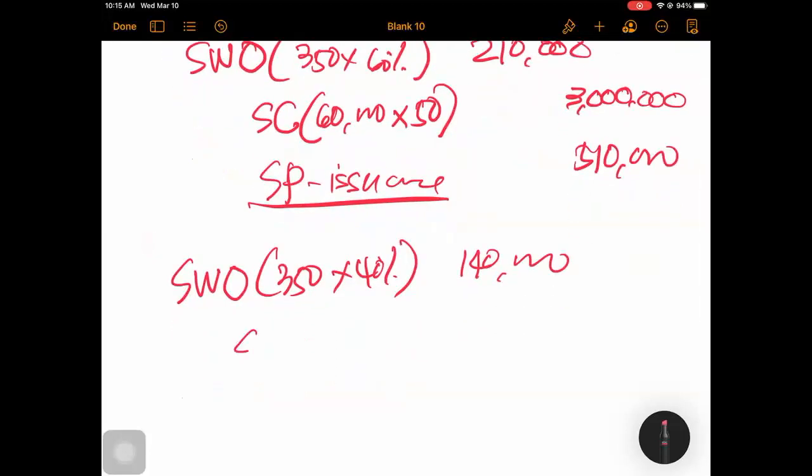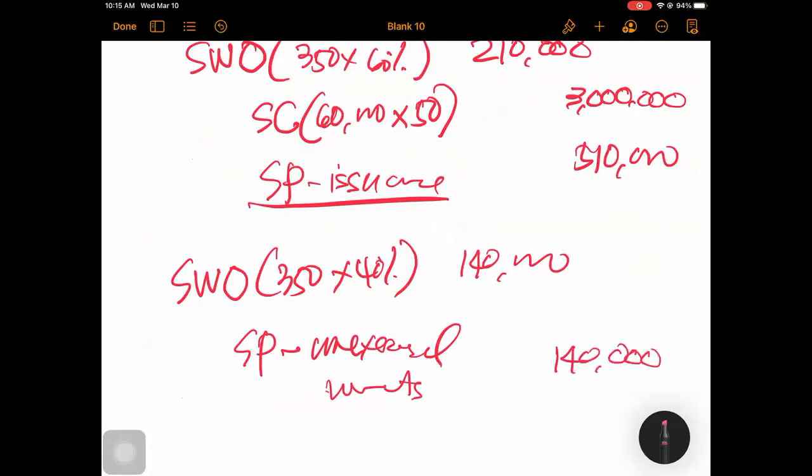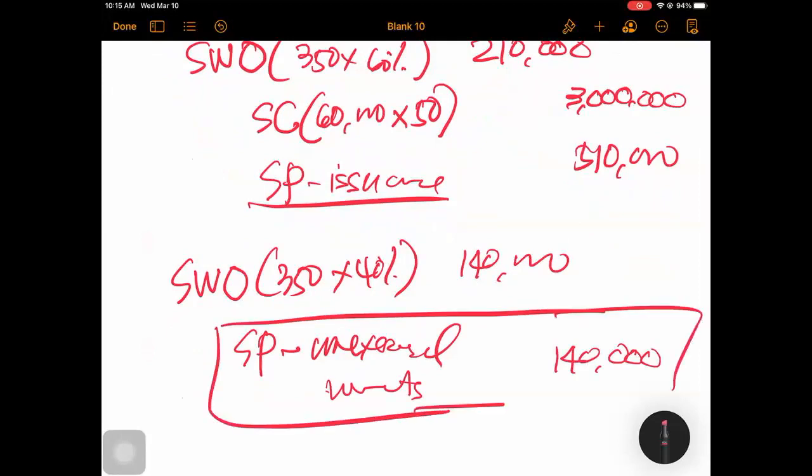Close to your share premium. Okay, specific, yung gigamit, unexercised warrants. Okay, still, it is presented in your shareholders equity account. Di ba? Share premium. This is still part of the shareholders equity account.